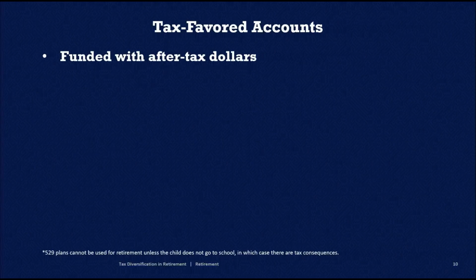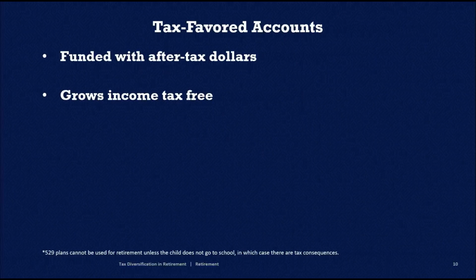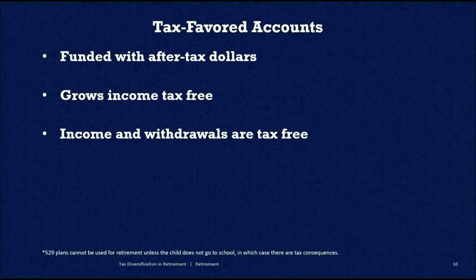So this is why tax-favored accounts can be a good option, because let me go ahead and pay taxes today at a lower rate, so that then it grows tax-free. So I have to pay tax today, and then as long as everything is structured properly, I don't pay taxes again. It grows tax-free. I can take money out of them tax-free, right? So this is why we call them tax-favored.